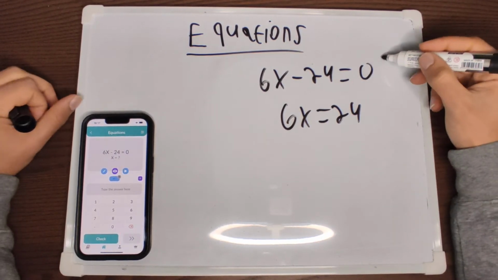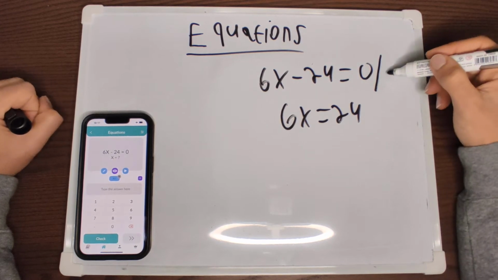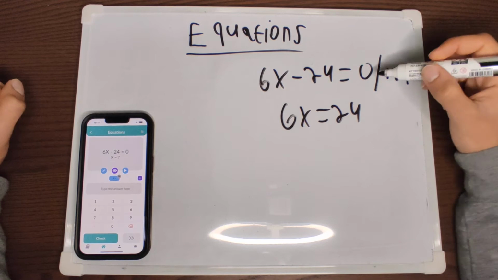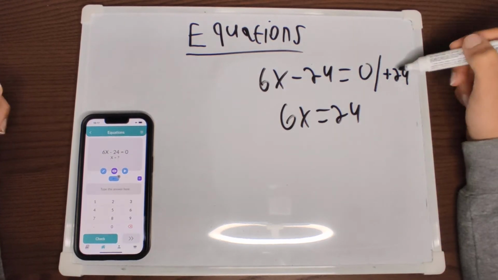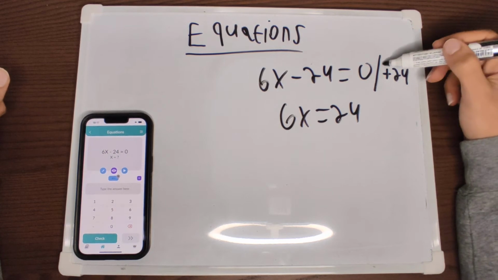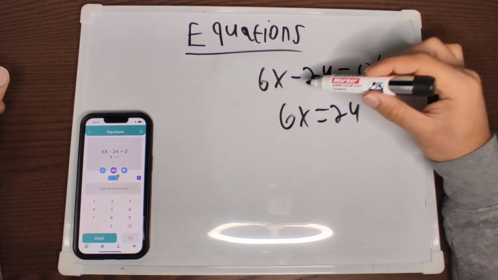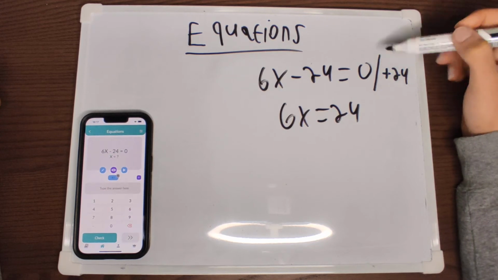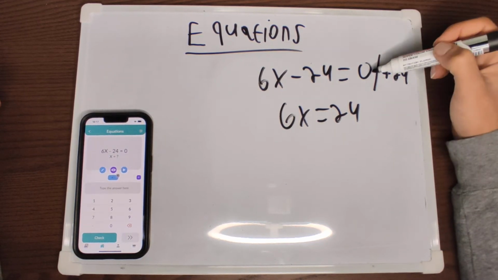But what I actually did was to add 24 to both sides. That's how you mark in equations that you want to do the operation on both sides. I want to add 24 to both sides, to the left side and to the right side.